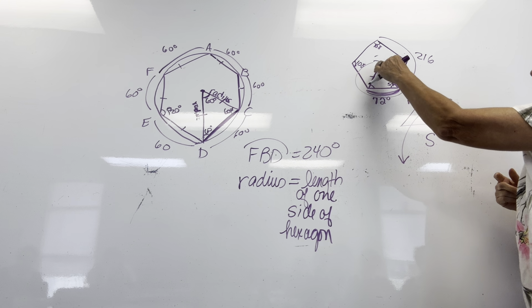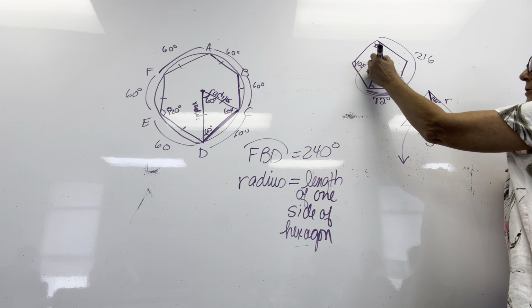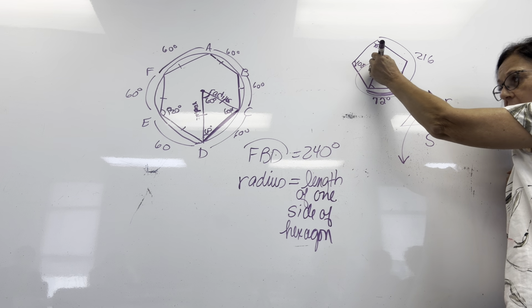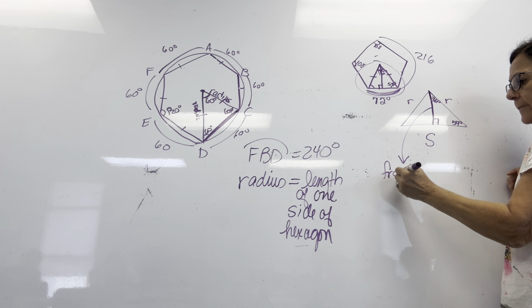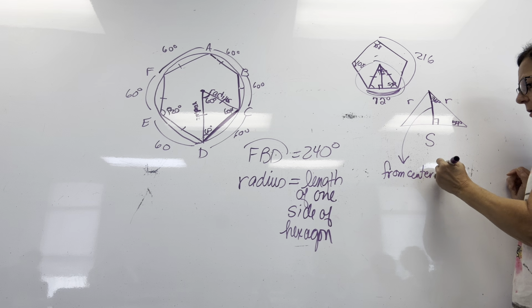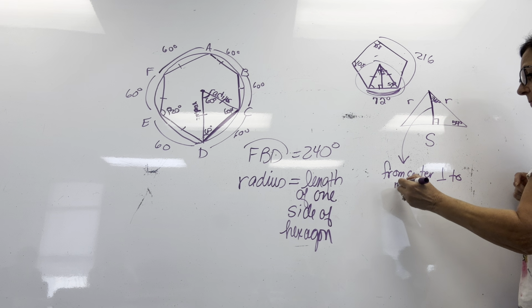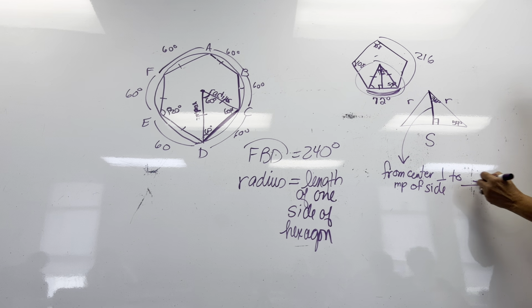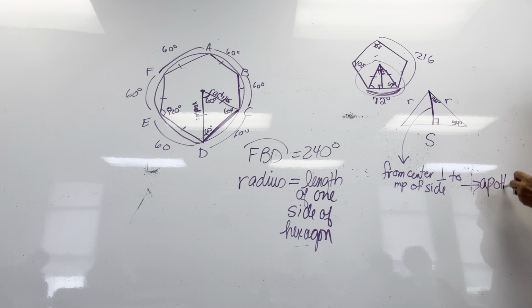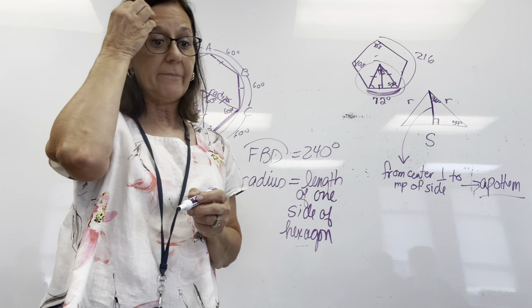When it's inside a regular polygon, from the center perpendicular to a side, and actually to the midpoint of a side, the name of that is an apothem. It looks like apothem, but it's pronounced apothem.